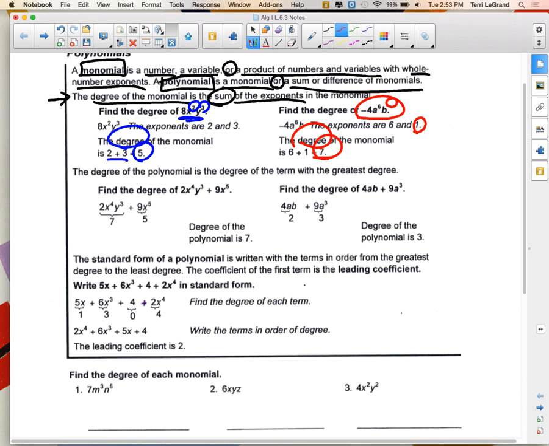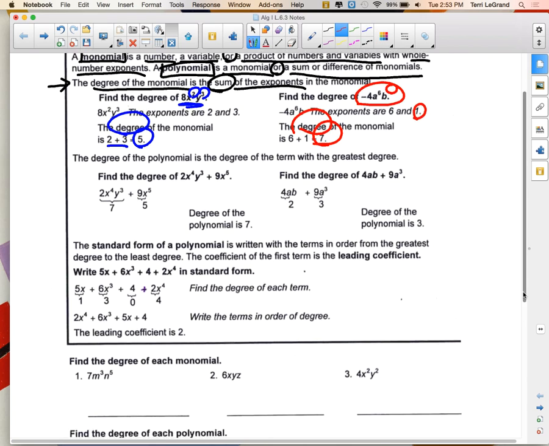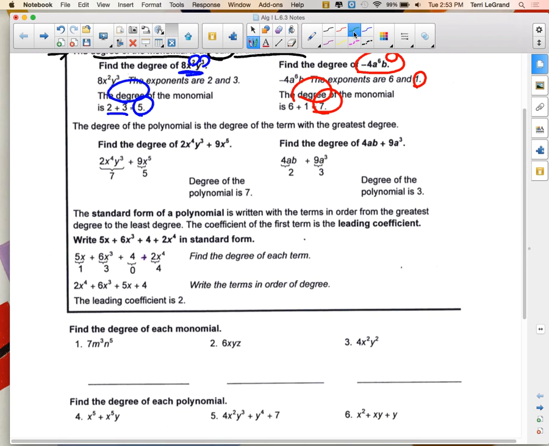But we have to be a little bit pickier when it comes to polynomials. Because now we're going to talk about how do we find the degree of a polynomial. So the degree of a polynomial, notice it doesn't say add up all the exponents. It says take the degree of the term with the greatest degree. When they say term, you know what they're saying? A monomial.